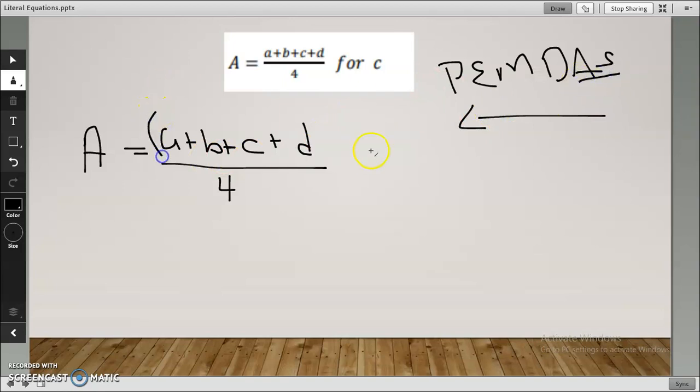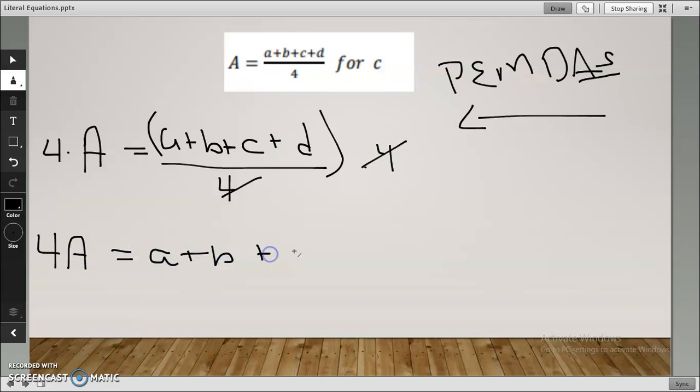However, remember, this is an invisible parentheses over here. So instead, I'm going to multiply by 4 first. So my 4's cross out, and I get 4 capital A equals a plus b plus c plus d.